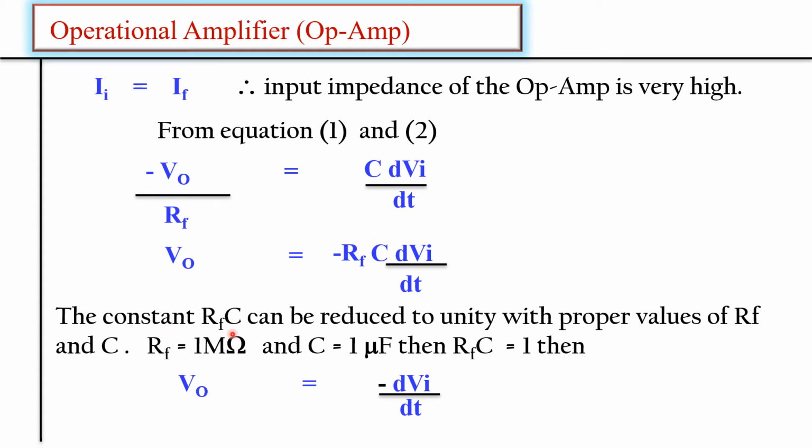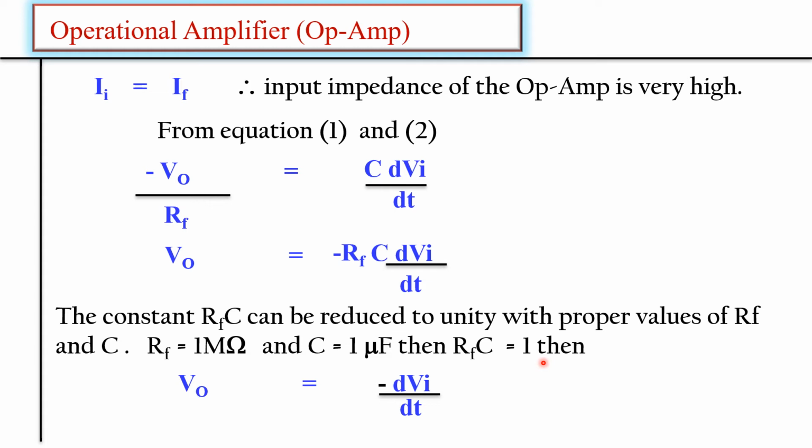The constant RF C can be made equal to 1 with proper values of RF and C. If we take RF equal to 1 megaohm, 1 into 10 raised to 6 ohms, and C equal to 1 microfarad, that is 1 into 10 raised to minus 6 farad, then RF into C is equal to 1 into 10 raised to 6 times 1 into 10 raised to minus 6.